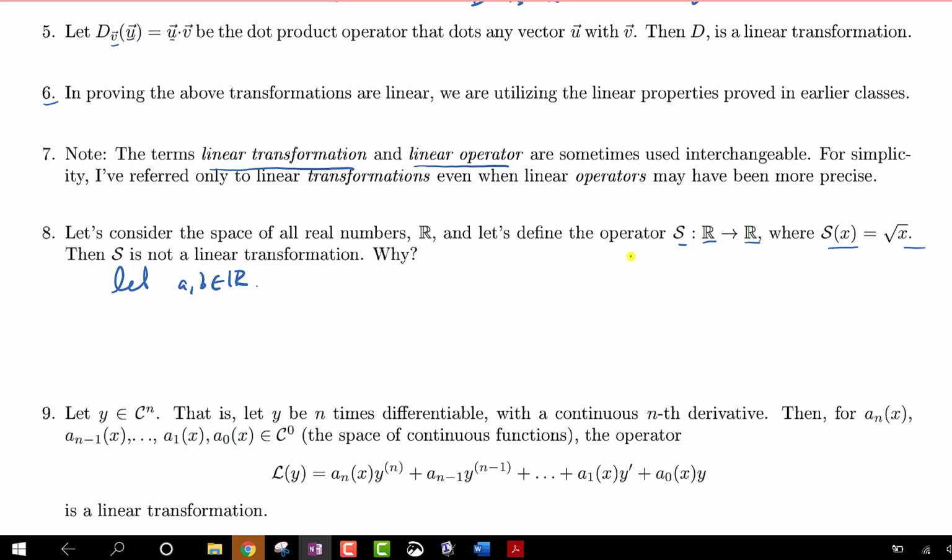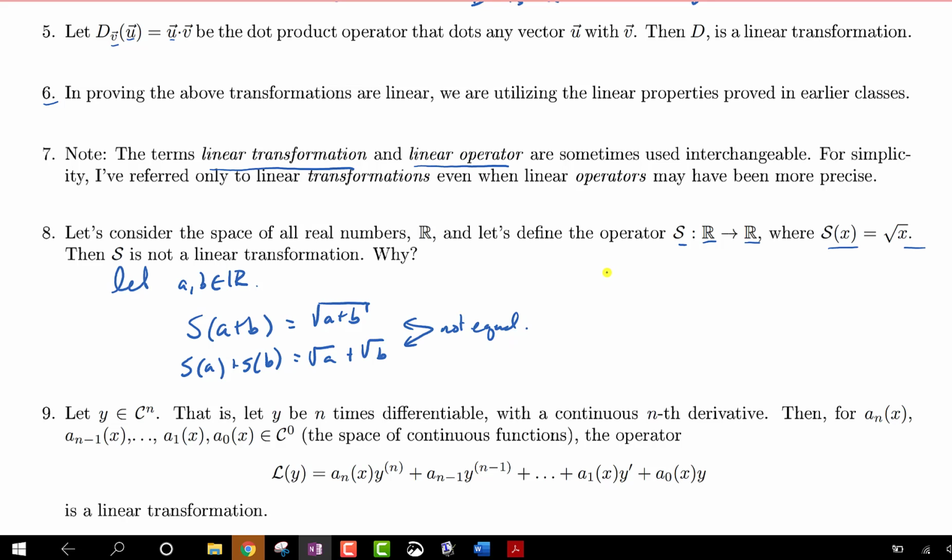If I take S of a plus b, that's equal to the square root of a plus b. The thing that we're hoping to show via linearity, S of a plus S of b, would be the square root of a plus the square root of b, and these two expressions are not equal in general. That's enough to show that S is not a linear transformation.